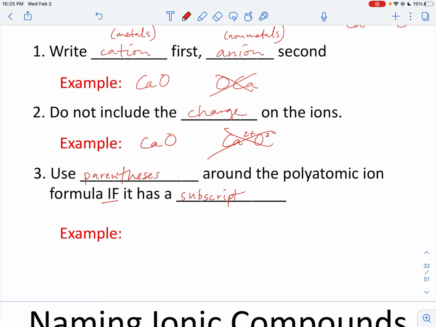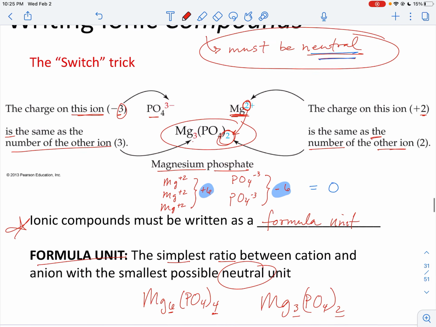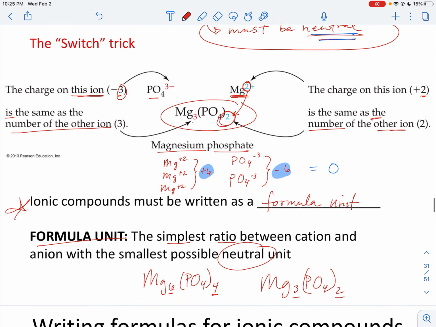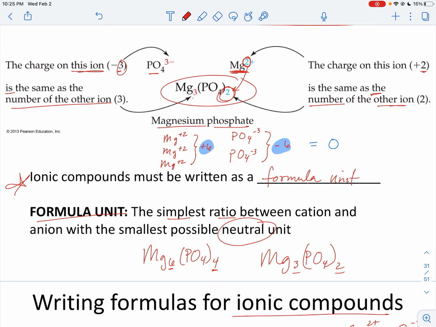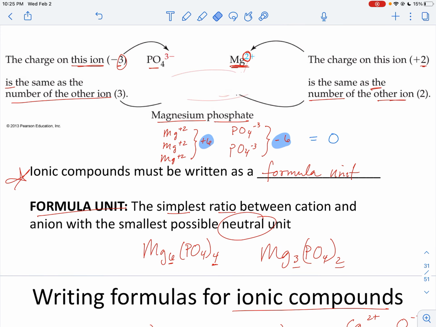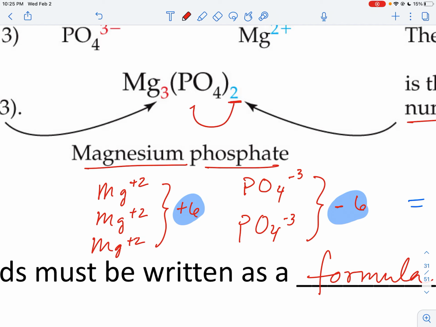If you're going to need more than one polyatomic ion in your formula for your compound, put parentheses around it. It's exactly what you saw us do up here with phosphate, and you probably even wondered, why is she putting parentheses around this? It's because, if I erase all my scribbling up here, when you zoom in, we needed more than one phosphate. This 2 means I've got 2 of everything in here, okay?